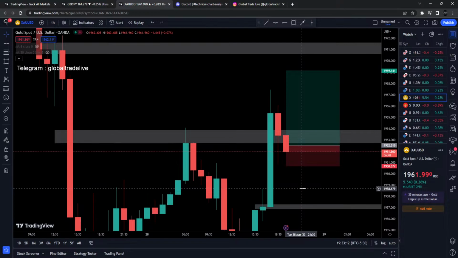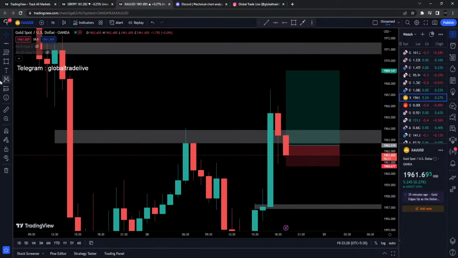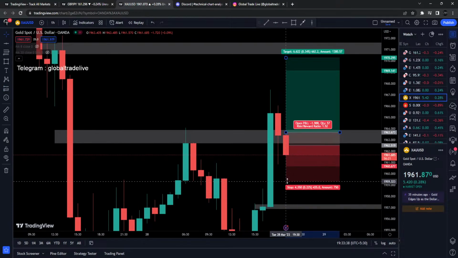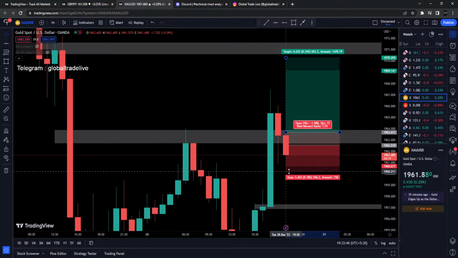1960.677. Yeah, so let's see if we have something over here. Now I'm gonna place my second trade. I'm gonna place my second order over here once this candle will be breaking its own high.